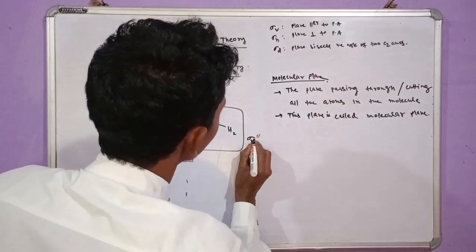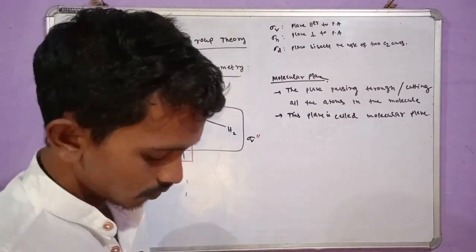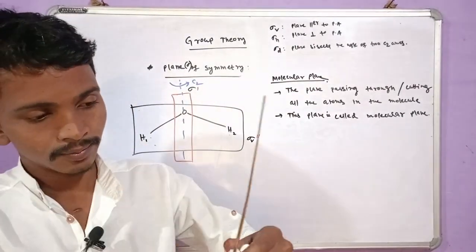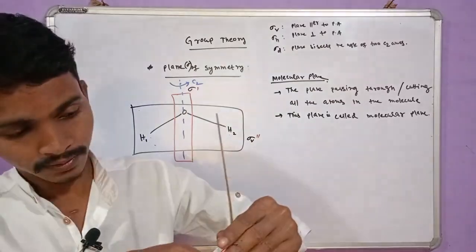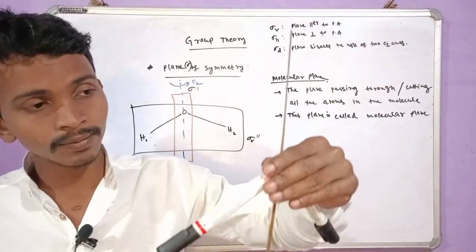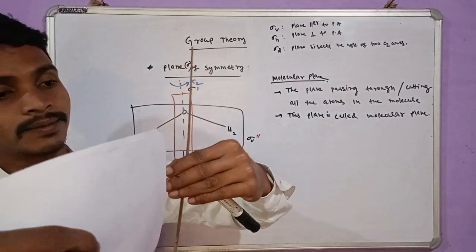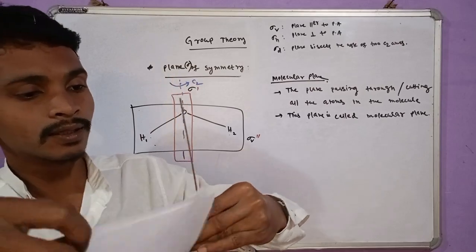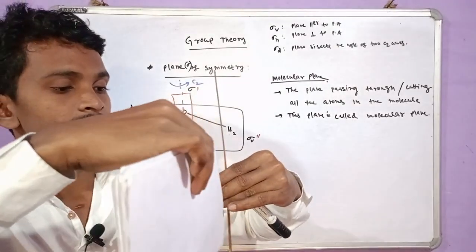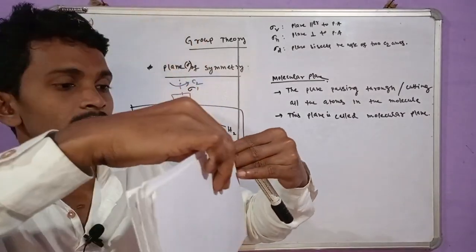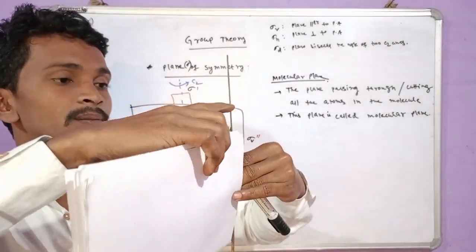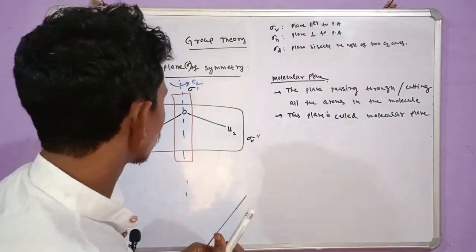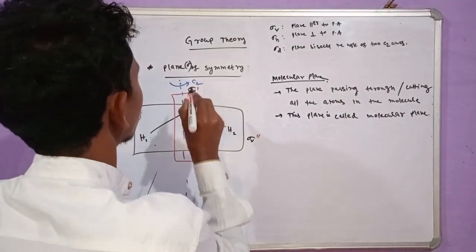This is sigma v. In the other case, let's say this is the principal axis and I cut like this, the plane will pass like this. Again it is parallel, so this is also sigma v.